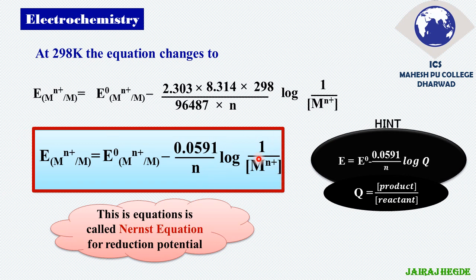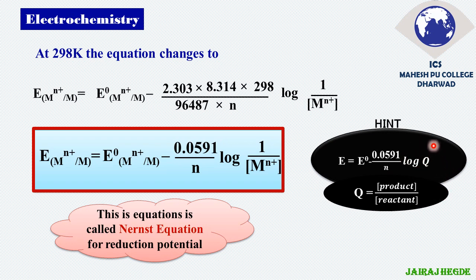There is a wonderful shortcut we can go for. This shortcut works very well when we go for quite advanced things in this formula. If we go for solving problems, this will come in very handy. E is equal to E naught minus 0.0591 by n log Q, where Q stands for reaction quotient.